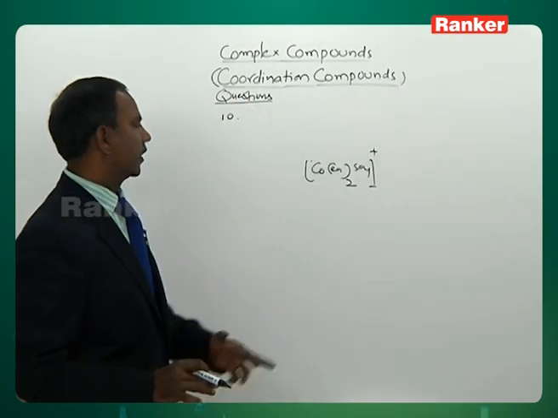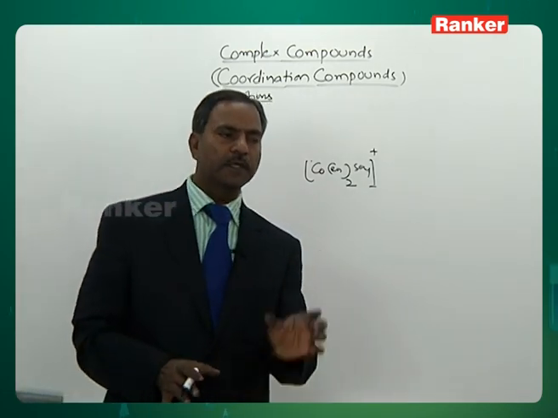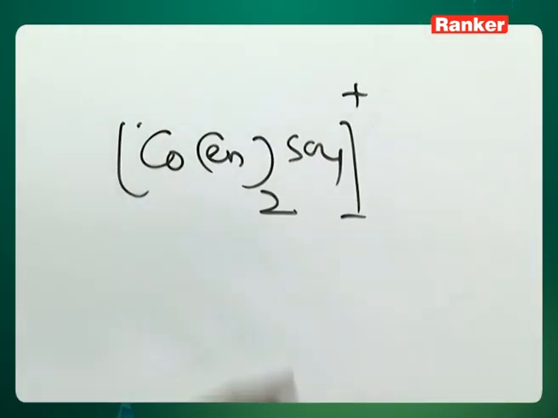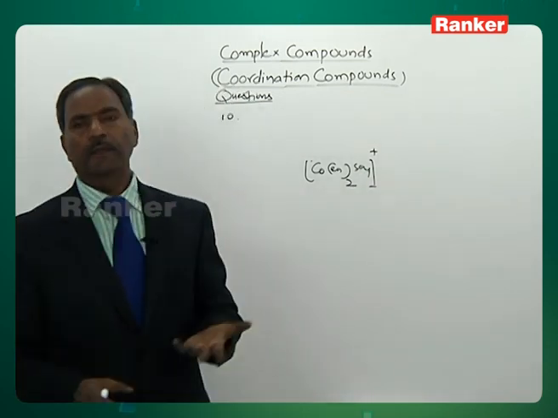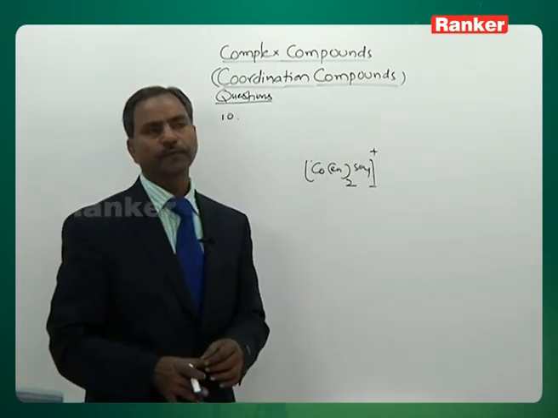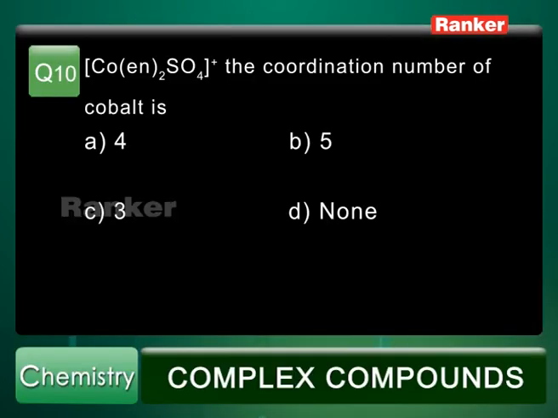You have to check the coordination number. en is bidentate. 2 bidentates means 4 donor atoms, so these 2 ligands are forming 4 bonds with the cobalt. Coming to the sulfate ligand, it is generally bidentate. Therefore, it is forming 2 bonds. The total number of bonds around the cobalt comes to 6. Option A is given as 4, B as 5, C as 3, and D is none. Actually, the coordination number of this complex is 6. Therefore, the answer is D, none.